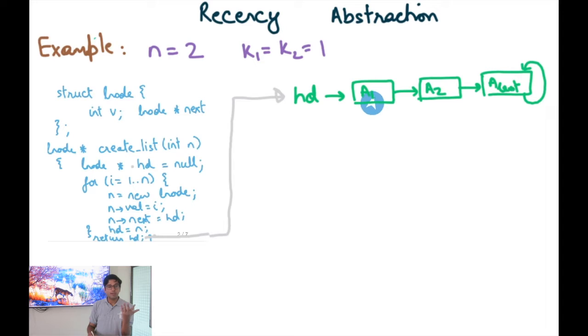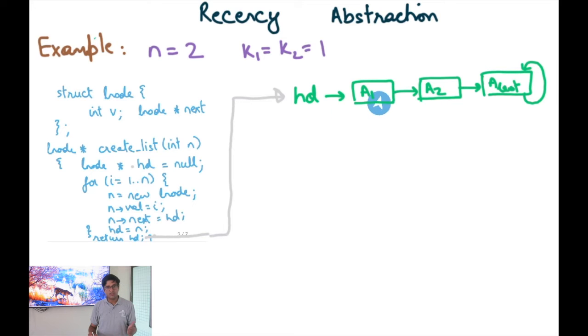An object in abstract class A1 may point to an object in class A2. An object in class A2 may point to an object in class A last, and an object in class A last may point to an object in class A last, right? So this is the picture, the points-to relationships between abstract objects for this particular program using the recency abstraction.